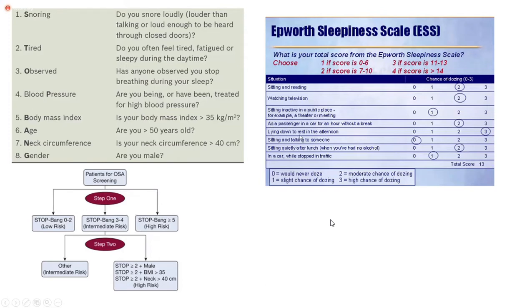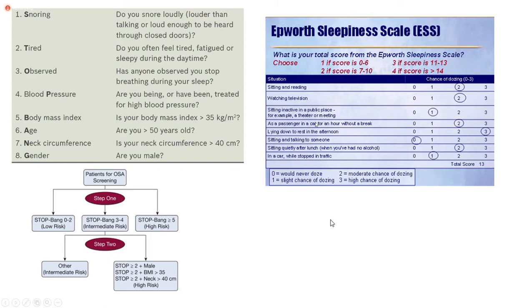Lying down to rest in the afternoon, sitting and talking to someone, do you fall asleep? Or sitting quietly after lunch, do you feel sleepy? Some people have a tendency to fall asleep when their car stops at a traffic signal. That is a very common problem. Some accidents also can happen.